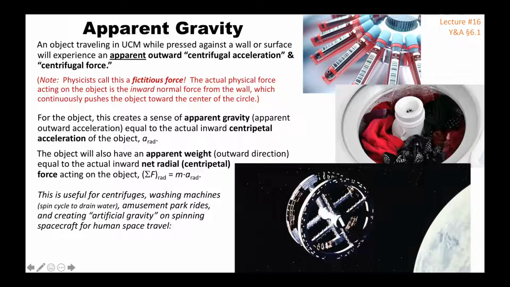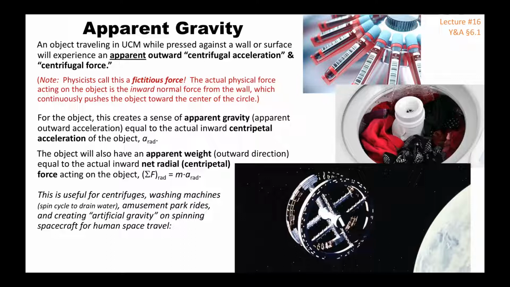That's the wall, if you will, that is pushing inward on the liquid to keep that liquid moving in circular motion. Or in the case of clothes in a spinning washing machine during the spin cycle, it's the outer wall of the drum that presses inward on the clothes. And so it's that normal force from the wall of the drum that is providing an inward centripetal force.